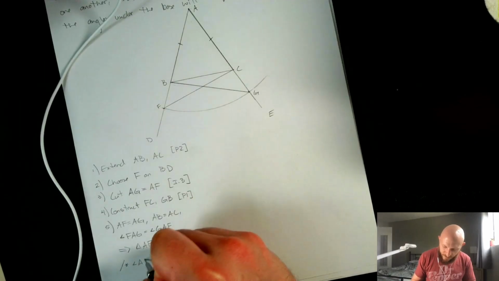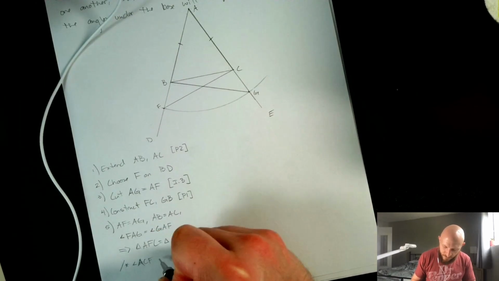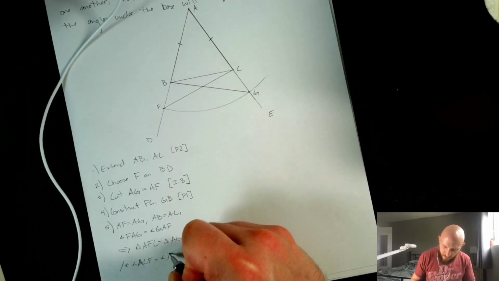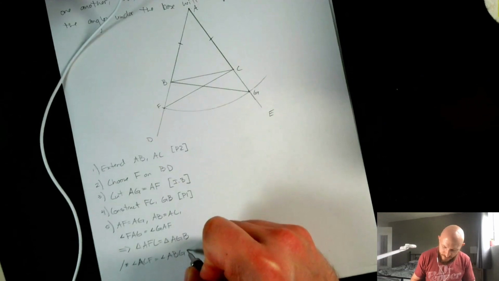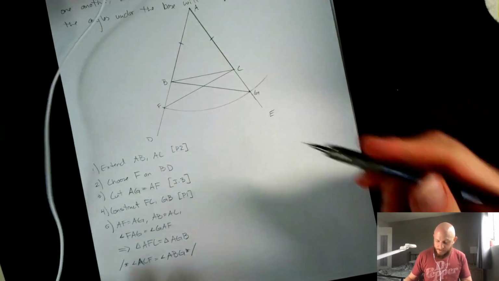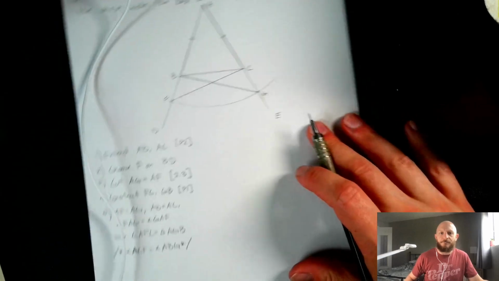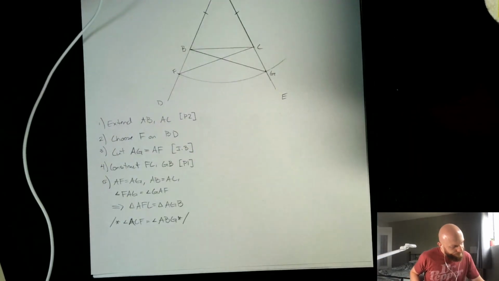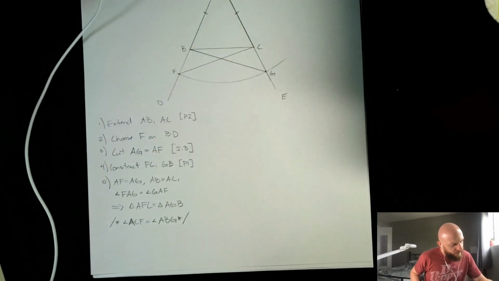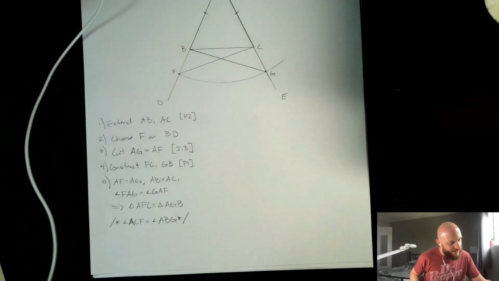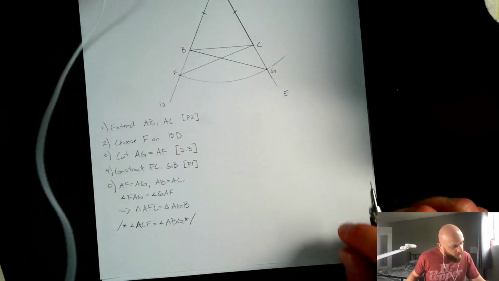Angle ACF equals angle ABG. Because that comes in handy a little bit later. Okay, and then the angle AFC is equal to angle AGB. Okay, no problem. Let's see, what else?